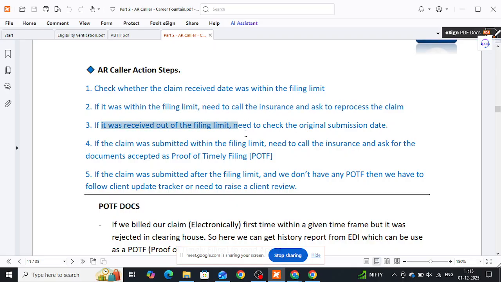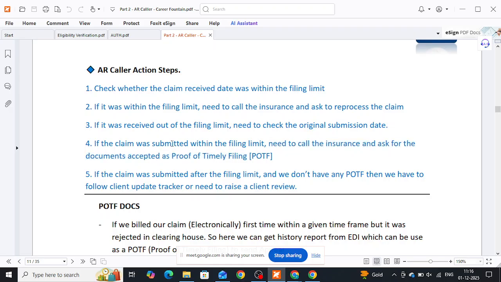If it was received out of timely filing, meaning they are saying it was received after the time frame, then in our system we can check when the original claim was billed. If the claim was submitted within the time frame, we can try to reprocess, but if they are not accepting because they received our claim after the time frame, but we have proof of timely filing limit, they have not received it, but from our side we did try to file.